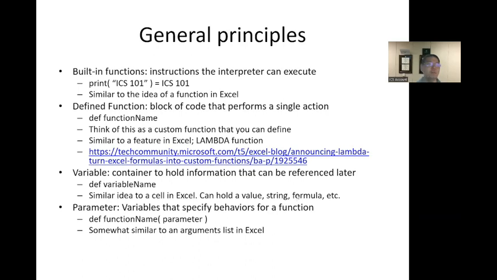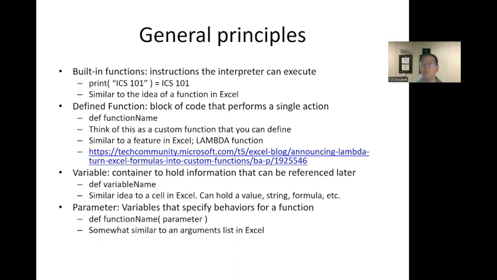The next general principle I want you to have a basic understanding of is the idea of a variable, which is a container that can hold information that you can reference later. So you define it the same way you define a function, where you go DEF and variable name. But one thing you need to understand about a variable is it's kind of cool, because it's basically the same idea as a cell in Excel, right?